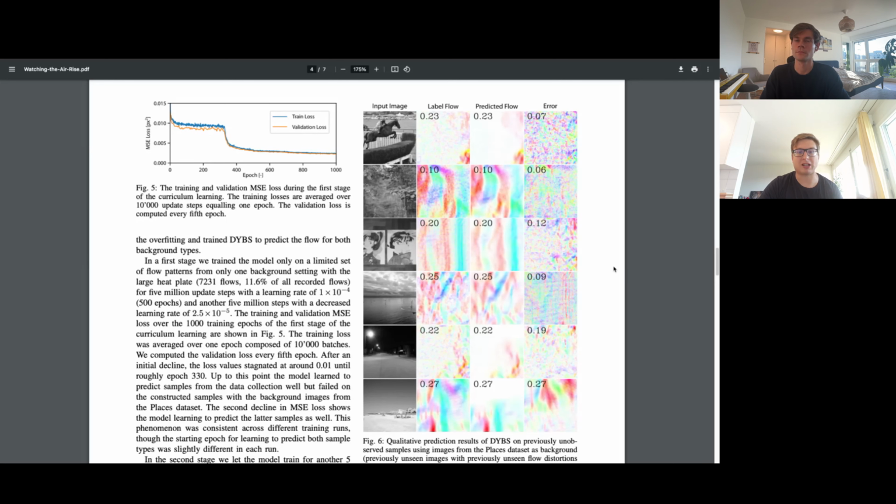So, for example, for the checkerboard background, sometimes you could see small checkerboard patterns visible in the predicted output or in the BOS output, whereas our network resulted in a much smoother flow prediction, because it has also seen other backgrounds and could infer that this pattern is just due to the background. So this could be filtered out.